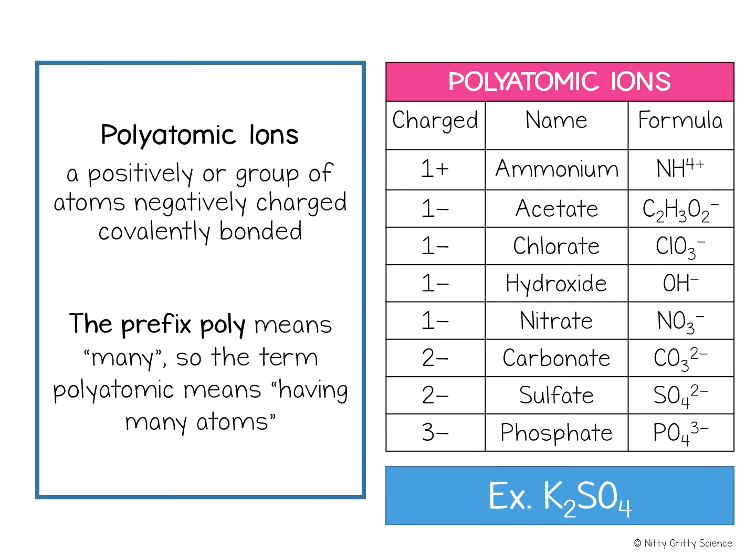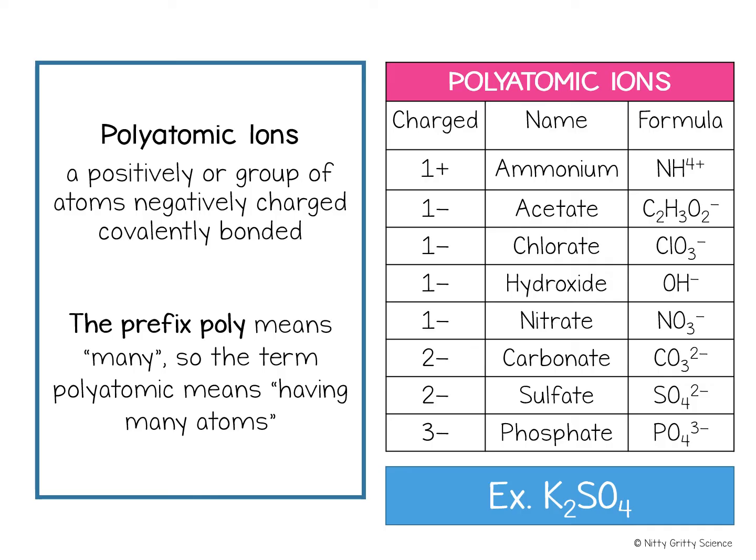So in order to name a compound that contains one of these polyatomic ions, again, you first write the name of the positive ion, then use this table to find the name of the polyatomic ion. So for example, K2SO4 is potassium sulfate.